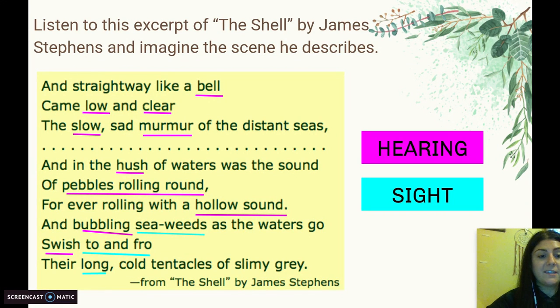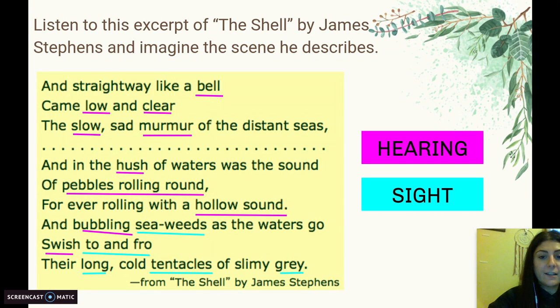The seaweeds are also described as being very long and almost like tentacles, like thinking about a squid or octopus. And gray as well. Gray is helping me visualize in my head that the seaweeds are very long, going back and forth, almost like tentacles on a squid or octopus, and also very gray.